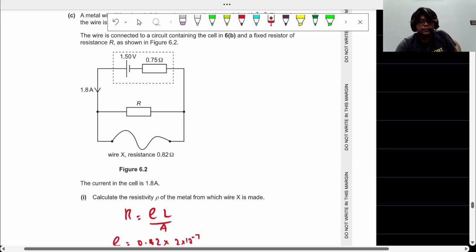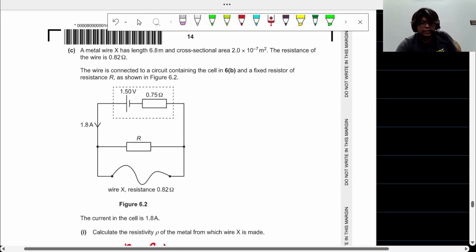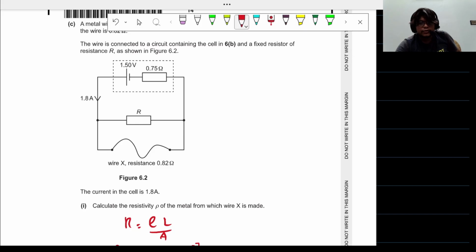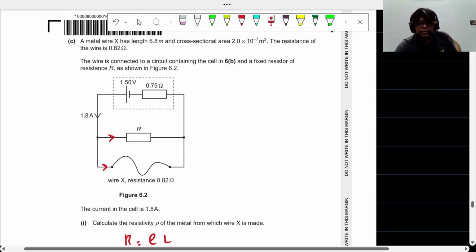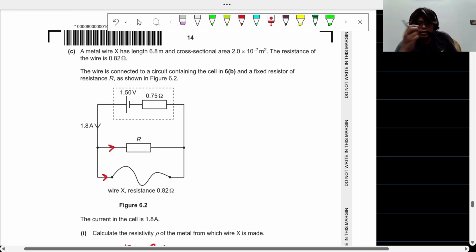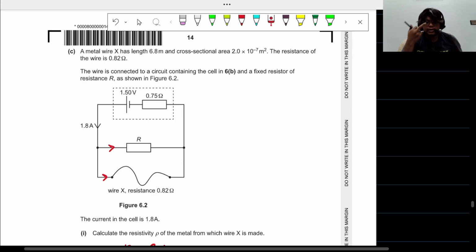Now this 1.8 amperes is divided. Some would go here, and some would go here. It says, what would be the terminal potential difference at the current of 1.8? The resistance of the wire is 0.82.